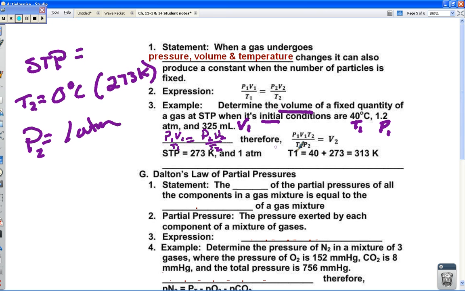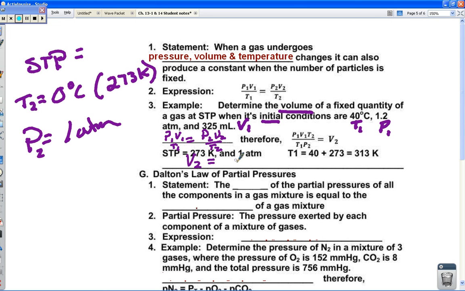T1 equals, if this is our temperature, 40 degrees Celsius, this has to be converted to Kelvin. STP is 273 and 1 atmosphere. So, here we go.